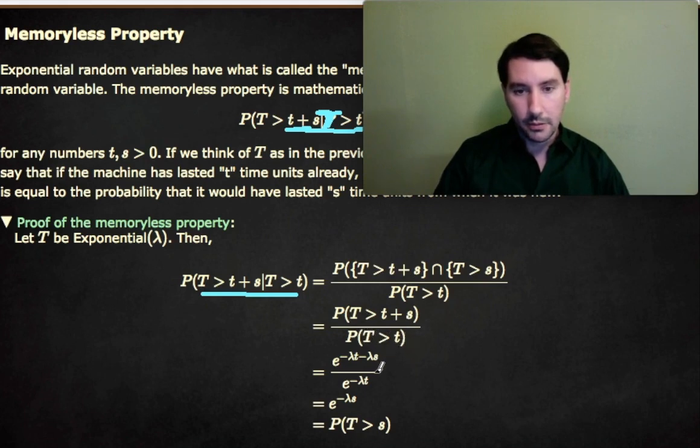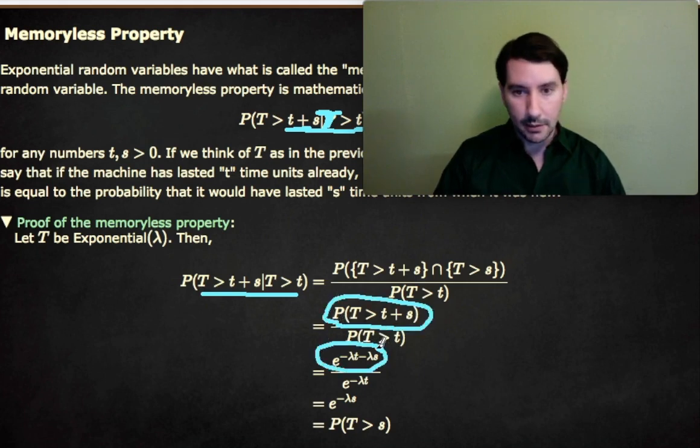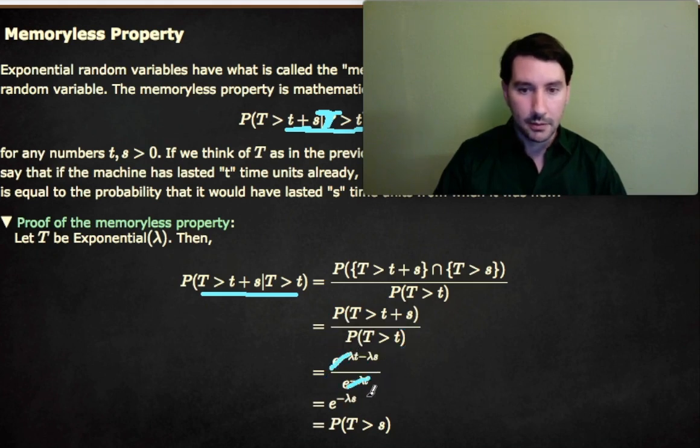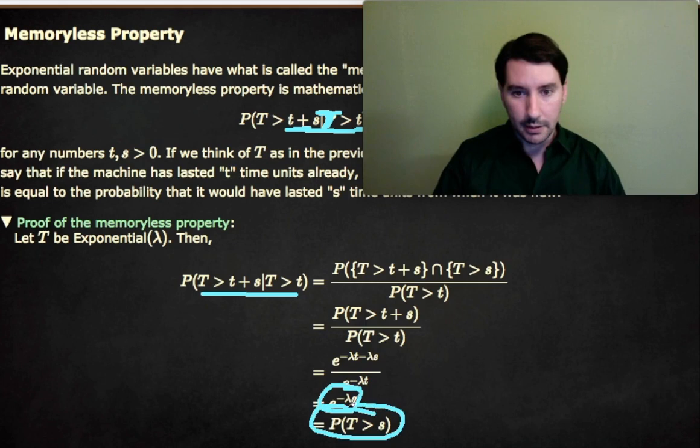Then we can use the fact that we've already evaluated these probabilities. So the probability it's bigger than t plus s is e to the minus lambda t minus lambda s, and the probability it's bigger than t is e to the minus lambda t. Then these two exponentials cancel, so that leaves us with e to the minus lambda s, which is the probability that T is bigger than s.